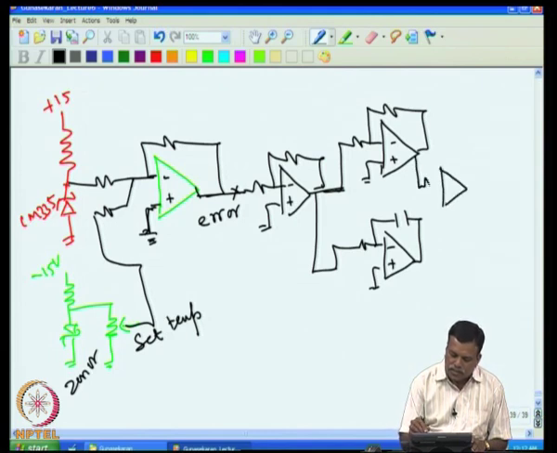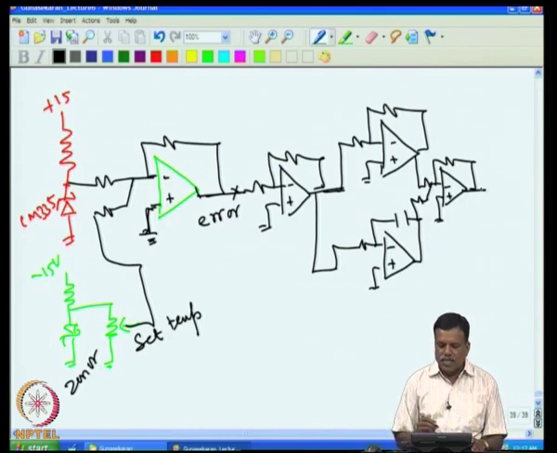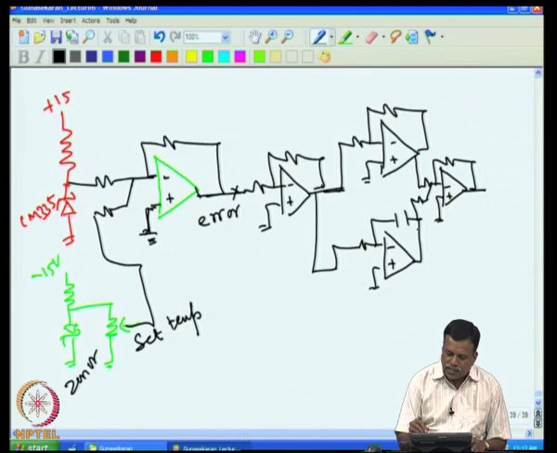Here I sum it, and this I can add to this. So, essentially you are adding the integral output and the proportional gain. This gives you the gain. So, this is the error voltage.